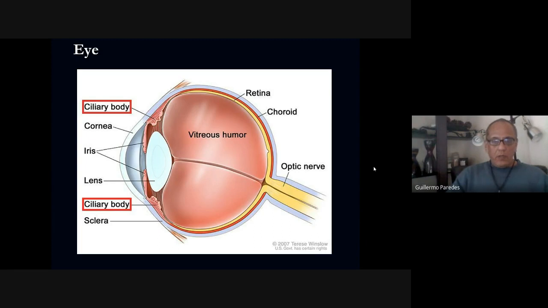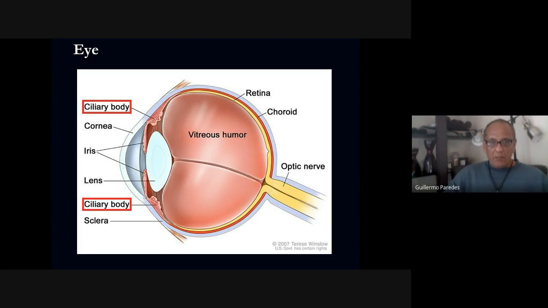Here we have one structure with which we are going to start talking about glaucoma. Glaucoma is going to be an example to incorporate all this anatomy and make sense of it.